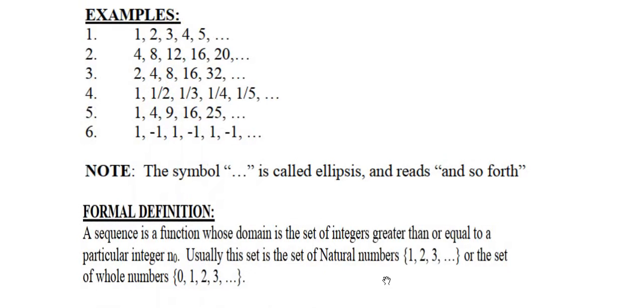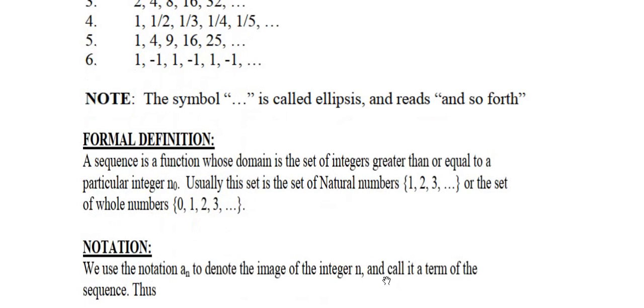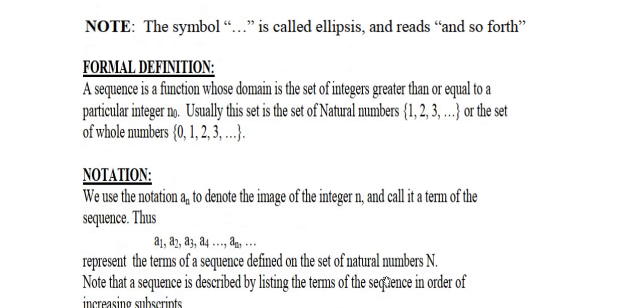Now the formal definition of a sequence is: a sequence is a function whose domain is a set of integers greater than or equal to a particular integer. Usually this set is the set of natural numbers, whole numbers, integers, or other sets.